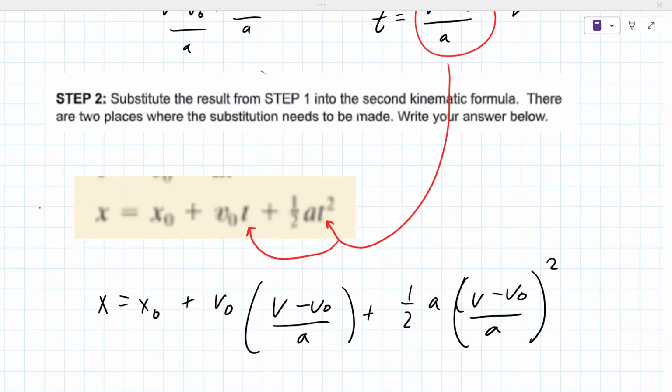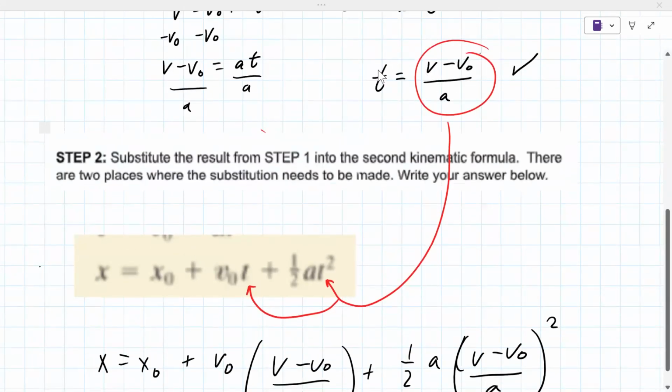How did you know to pick this second equation? It says so. I mean, there's no magic here.